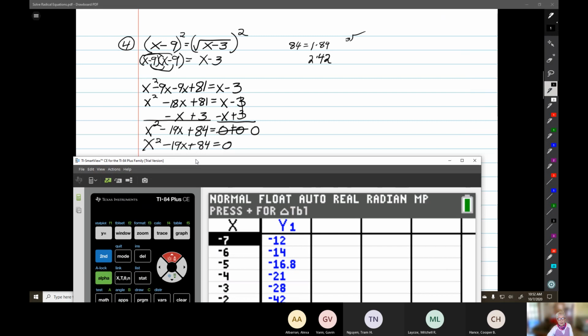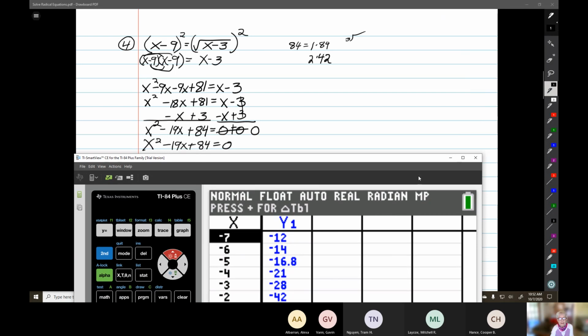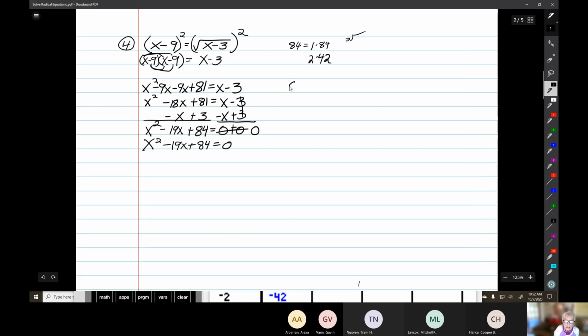Okay. So what will this do for us? Because there's a 1 in front of the x squared, we can use the easier method of just going straight to parentheses. x minus 7, x minus 12. That's going to be the factorization. And I set each factor equal to 0. x minus 7 equals 0. x minus 12 equals 0.